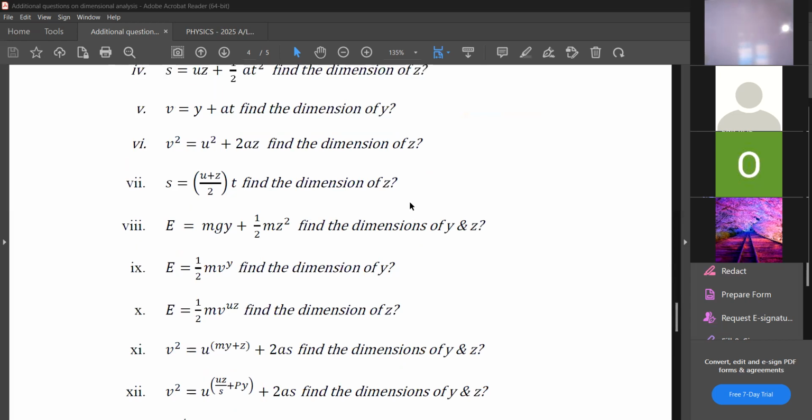Question number 6. Please look at your answers. The dimension of AZ should be equal to the dimension of V squared. Okay, V squared, not V. There's a small mathematical error.